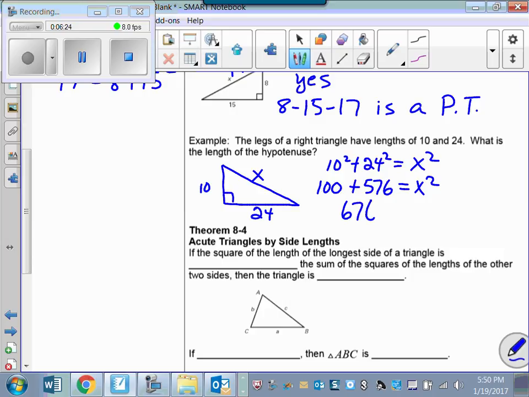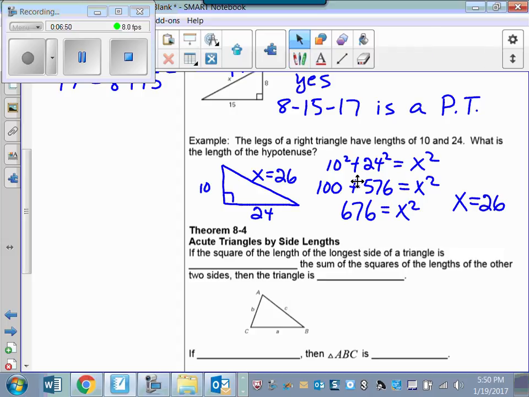So 676 equals x squared. What is the square root of 676? It is 26. So x is 26. So what's the definition of a Pythagorean triple again? A set of three non-zero integers that satisfies, well, aren't these three non-zero integers? Yeah, they are. So this is a Pythagorean triple.